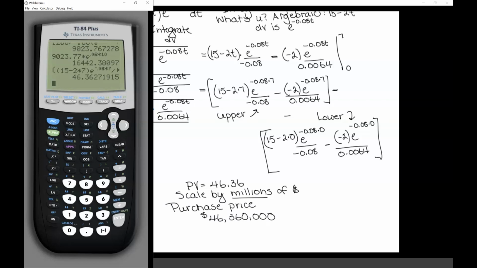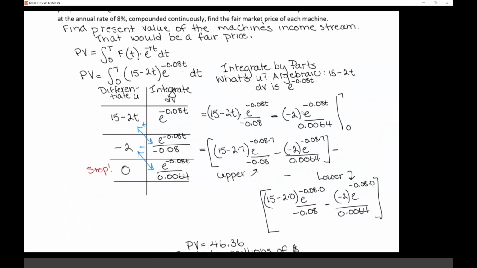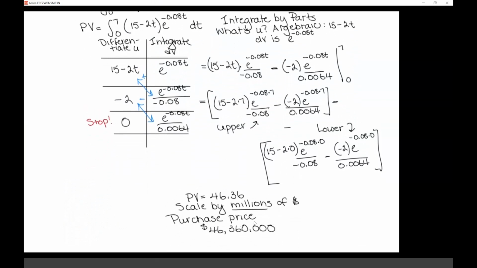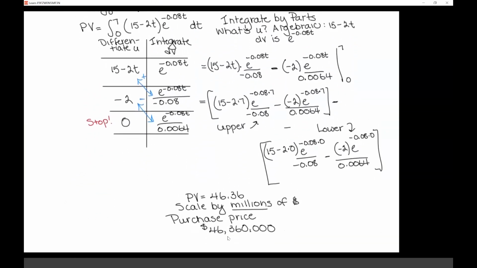Everybody okay with this? Again, this was exactly like the price calculation we did when they asked us, is $630,000 a fair price for the business? The only difference is we're not comparing it to anything, we're setting a price. So whatever comes out of this present value calculation is the fair price.